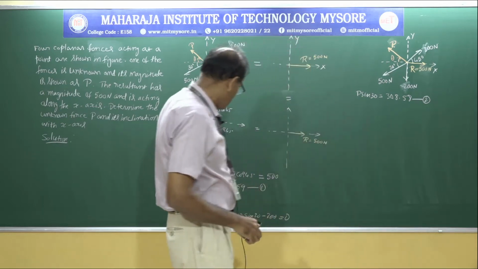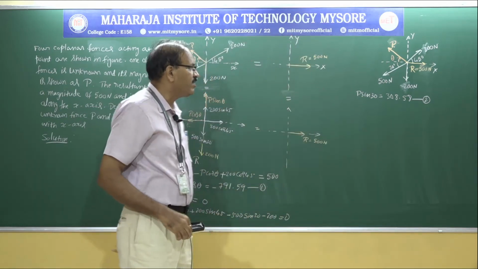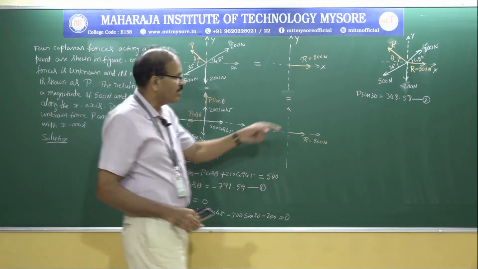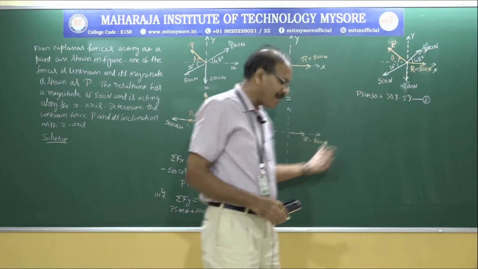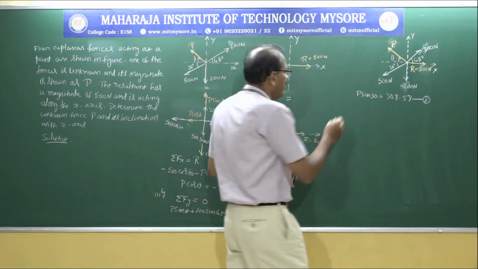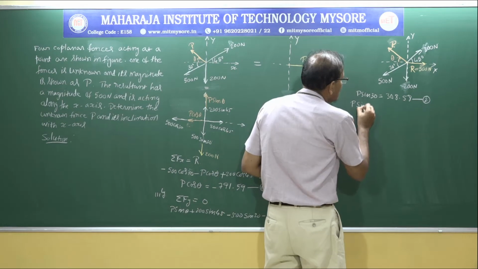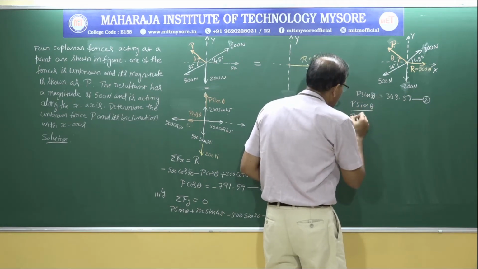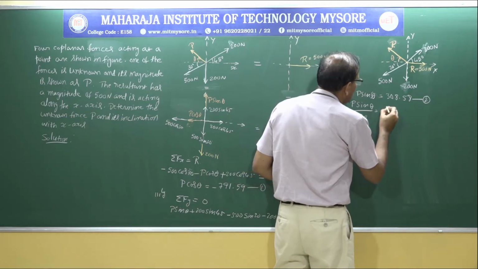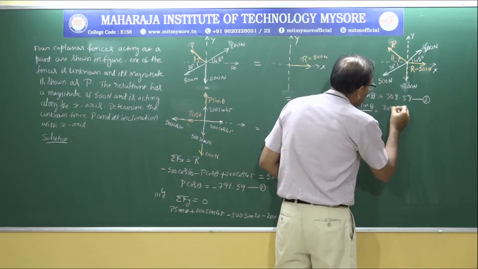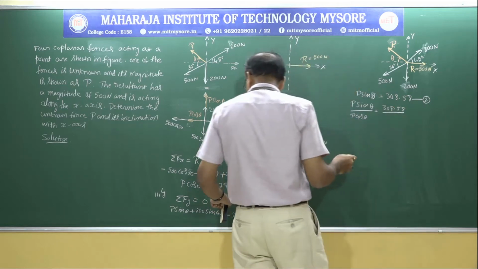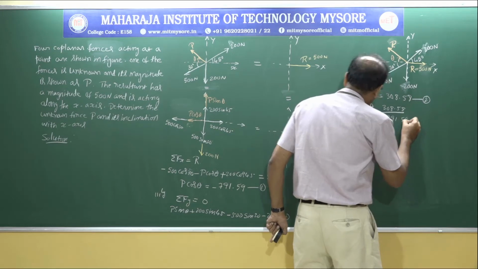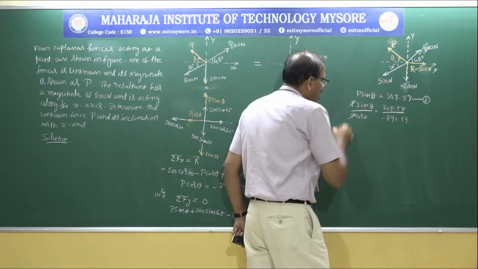So we have two equations, equation 1 and equation 2. I am going to divide equation 2 by equation 1. So I am going to get P sin theta divided by P cos theta equal to 308.58 over minus 791.59. So P and P get cancelled.